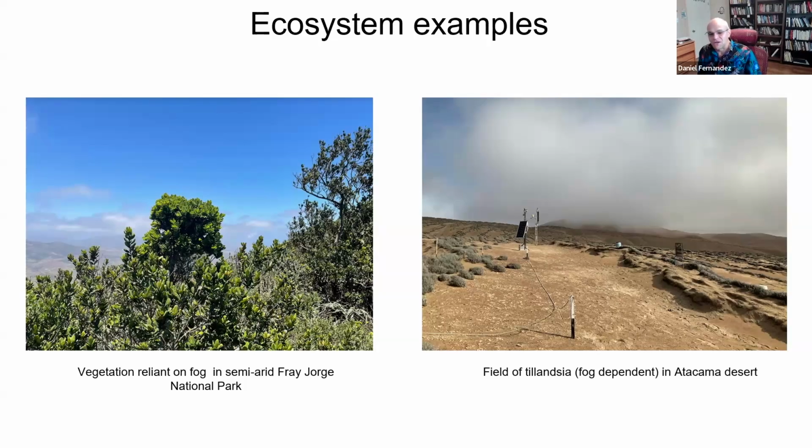They don't actually have a root structure. All of the water they get is from fog. So ironically, while this desert is the driest place on Earth because it doesn't get any rain, very rare that it gets rain, it does get a fair bit of fog. And that fog is what supplies those ecosystems that have the capability to capture those little droplets of water.